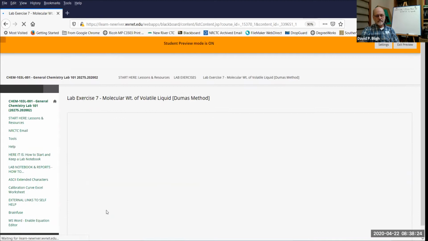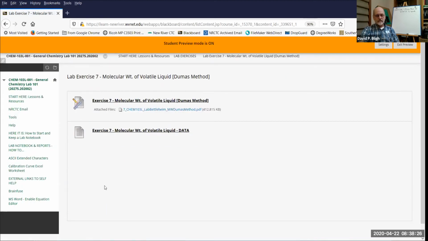And for now, all that's in there is the hard copy of the method, which you'll have to print, and the data that you will use. And I will share those screens and show you what they look like in just a moment.